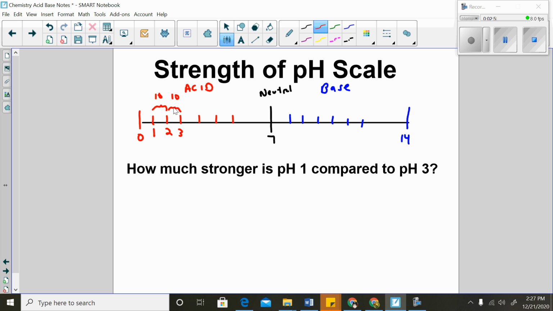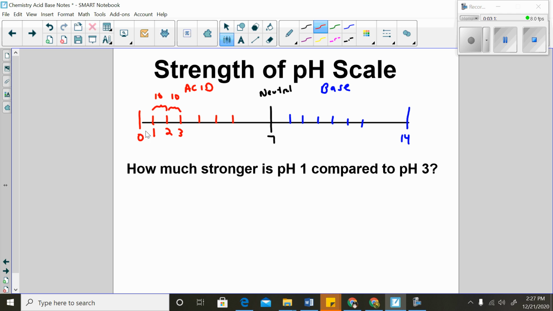of 10. So if you look at my question here, I ask you how much stronger is pH 1 compared to pH 3. So first of all, the farther down the scale you get, the stronger the acid, because you're getting farther and farther away from being neutral.